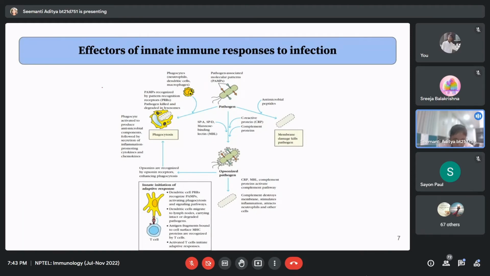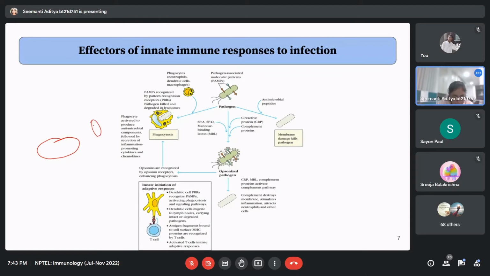Suppose we have a dendritic cell over here, and we have a pathogen over here. Now, these innate immune cells like dendritic cells, macrophages or NK cells have the property that they will engulf the pathogen.